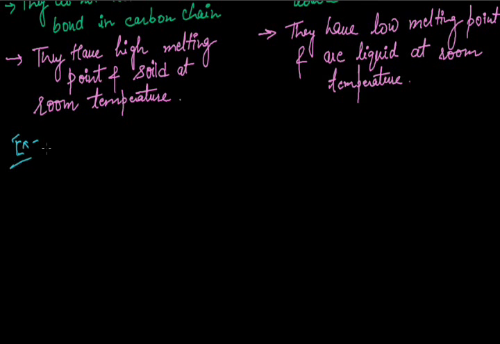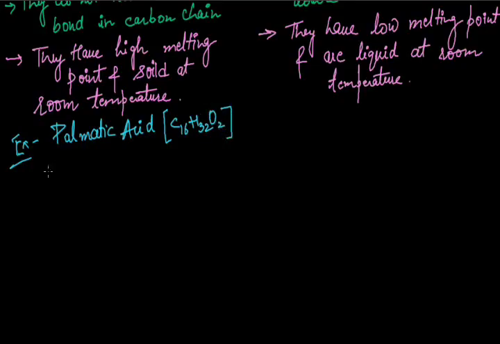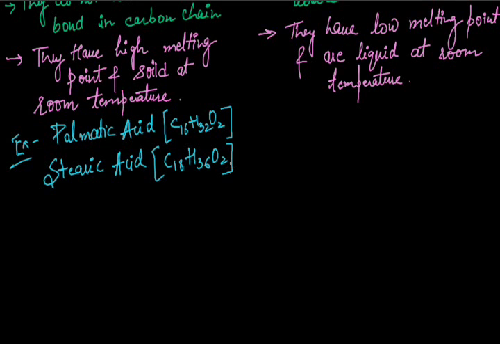We see the examples. The examples of saturated fatty acids are palmitic acid, which is made up of single bond, containing 16 carbons, C16H32O2. Next is stearic acid. It is 18 carbon, C18H36O2.